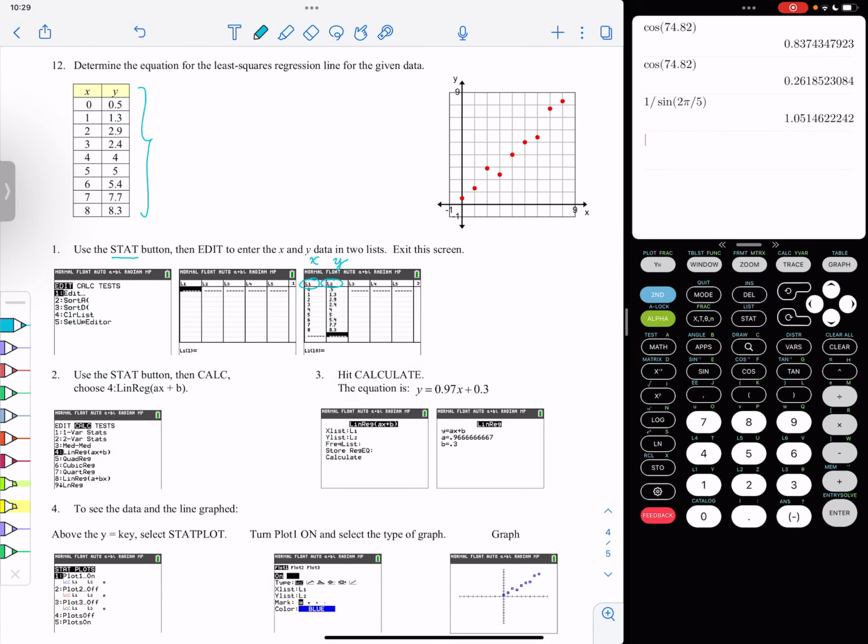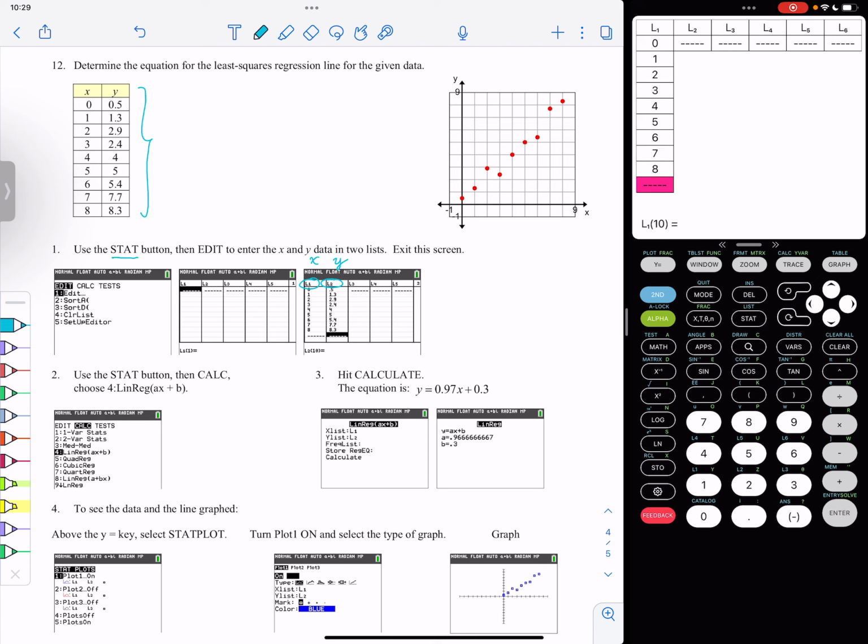We're going to clear our home screen, press the stat button, and then press edit, and now we're going to just start entering data. That was a bit easier. And now we'll go ahead and enter the corresponding Y values to those.